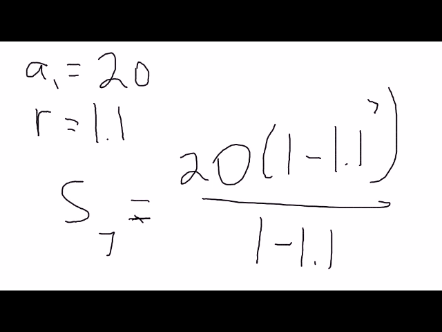And when you multiply this all out, you're going to get 189.74. That's how much money he's going to have if he puts away 10% more every month than he did last month, starting with $20 in June. That's how much he's going to have in December, $189.74.